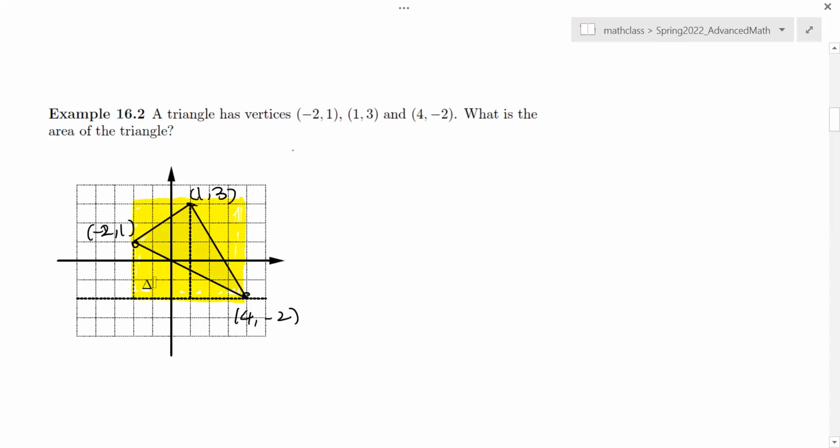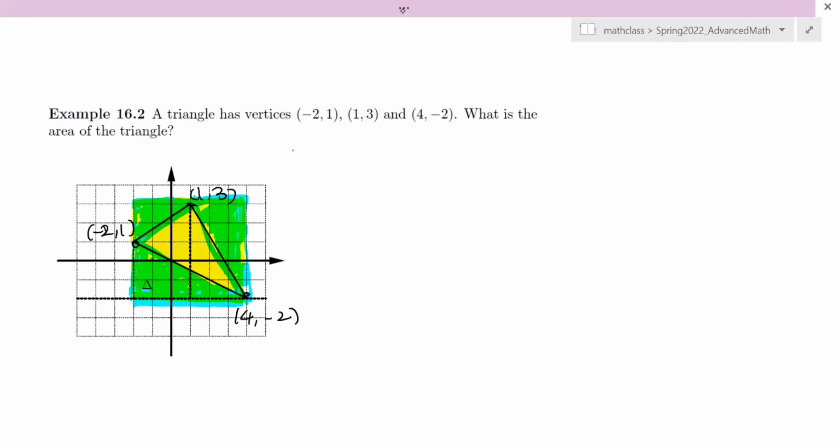So in order to find the area of the triangle, you just need to find the area of this rectangle and subtract the areas of the 3 triangles: one is here, another one is this one, and then this one. There are 3 triangles here. Got it? Can you do this?